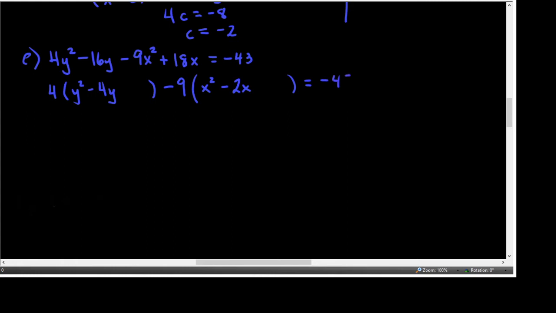Negative 43. Okay, so the number that completes the square for y is 4. So I'm going to need to add 4 times 4 to both sides. And the number that completes the square for x is 1. So I need to subtract 9 times 1 from both sides.